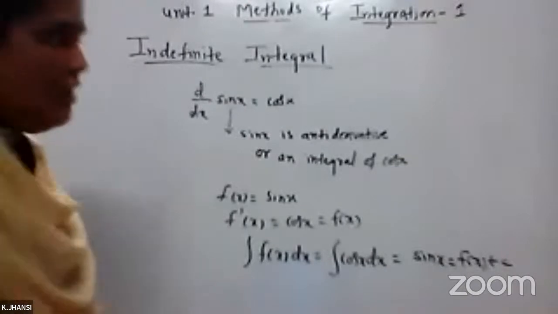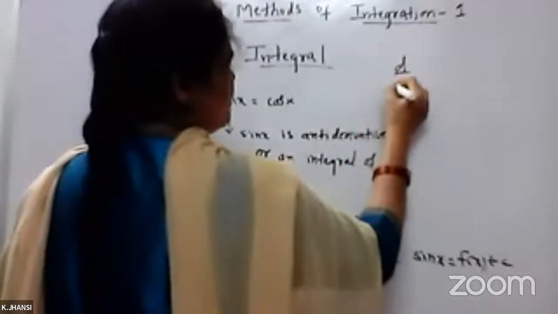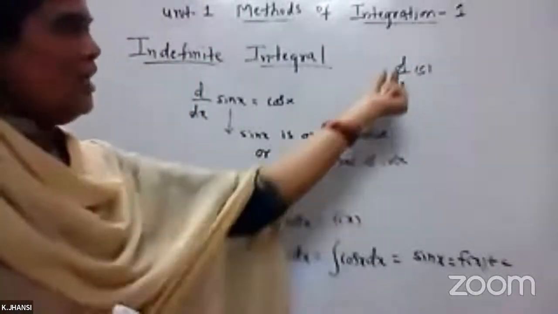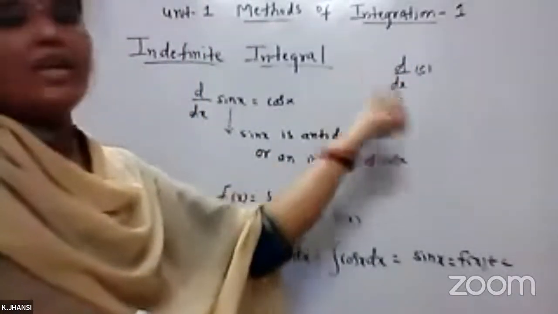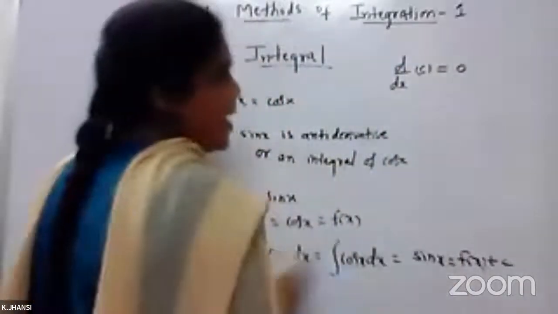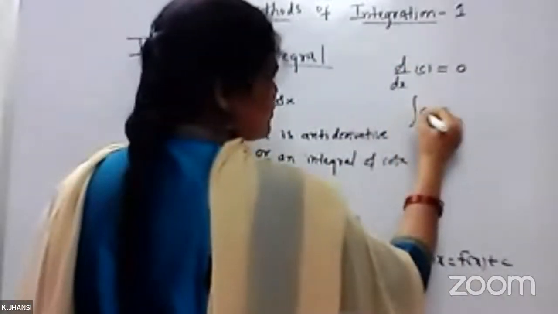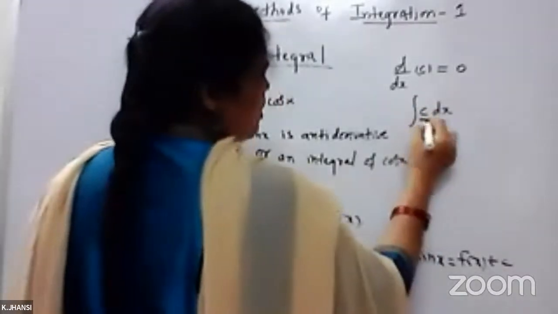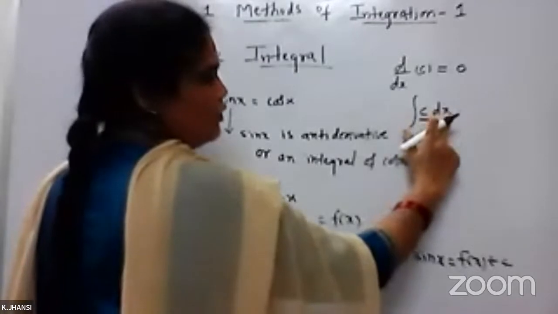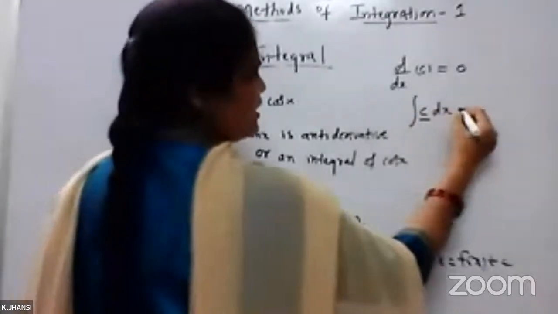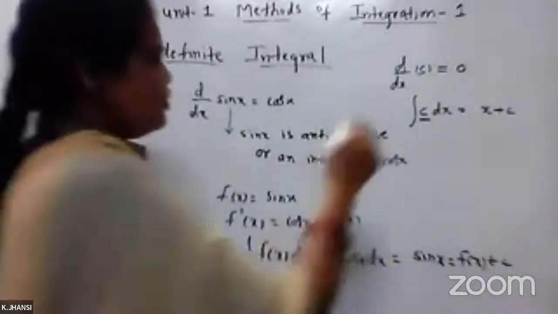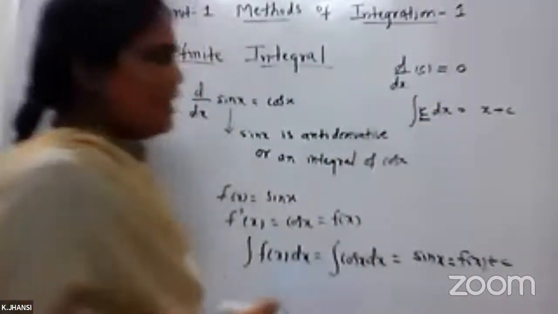You know that d by dx of any constant term, if you take c, is 0. The differentiation of any constant term is 0. But integration of c into dx gives the variable with respect to which you are integrating. That is, it equals x plus c. Here both are c, so you may get confused; you can take k.